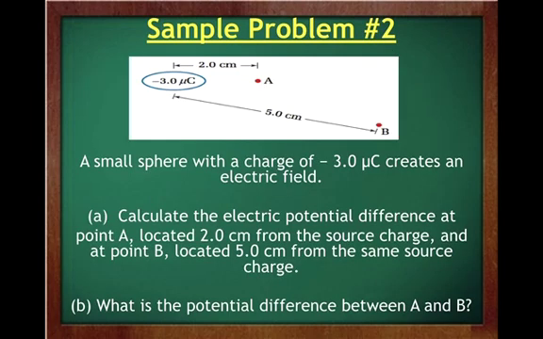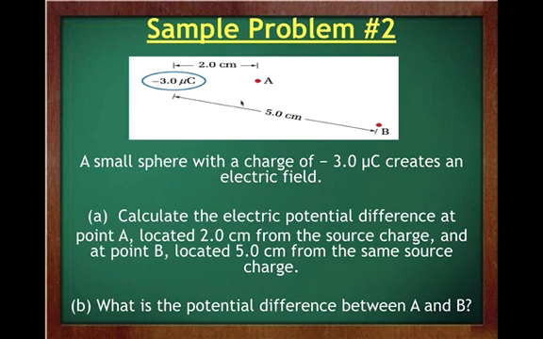So let's go into a sample problem for that one. What we have is a small sphere with a charge of negative 3.0 microcoulombs. It creates its own electric field. Calculate the electric potential difference at point A, which is located 2 centimeters from the source charge, and at point B, located 5 centimeters from the same source charge.